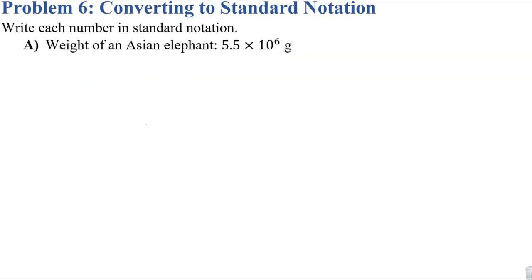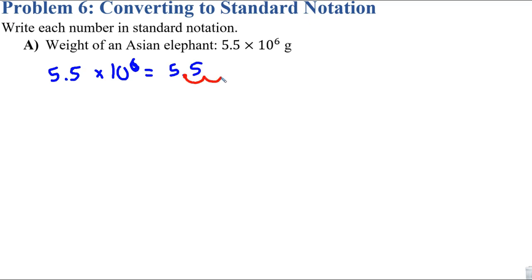Okay, last thing we're going to do is look at going in the other direction, from scientific notation to standard form. So let's show you how to do this. 5.5 times 10 to the 6th is going to take that 5.5, and multiplying by 10 to the 6th is going to move that decimal place 6 positions to the right.